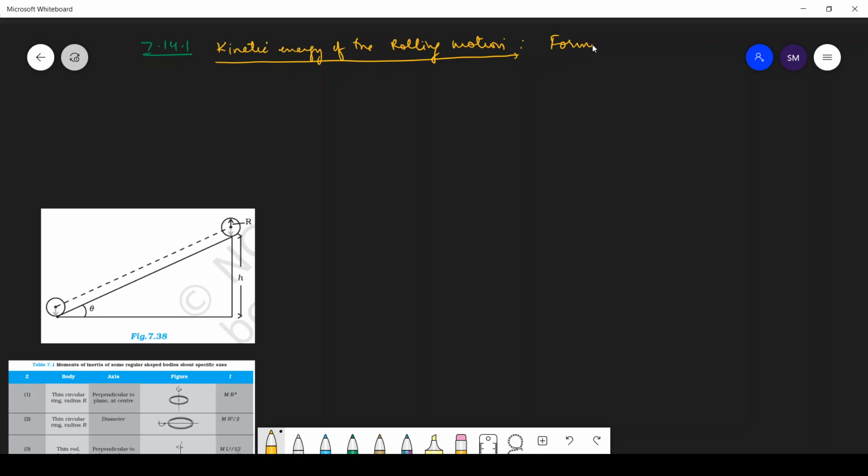What's the formula? The kinetic energy of the rolling body can be separated into the kinetic energy of translation plus the kinetic energy of rotation. So the kinetic energy of the rolling motion is equal to the kinetic energy of translation plus the kinetic energy of rotation.